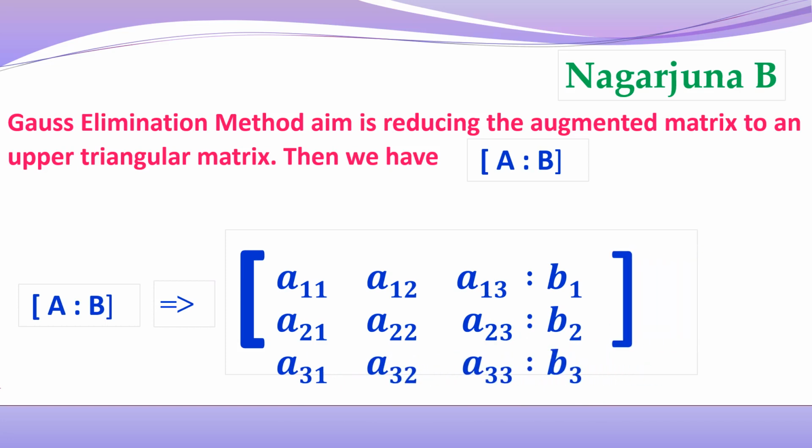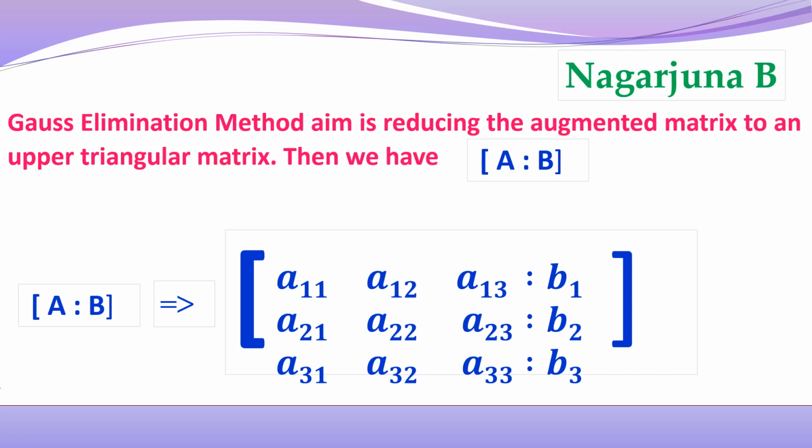It is an augmented matrix consisting of the coefficients of the system of equations and the constants of the system of equations, that is, the matrix elements of A and the matrix elements of B.